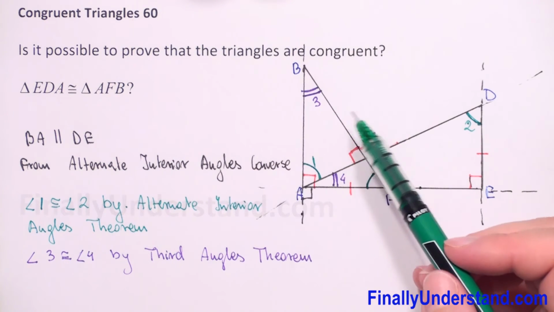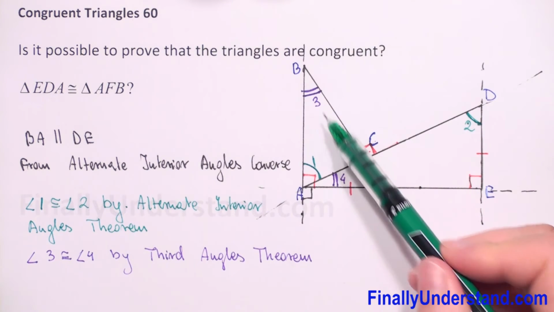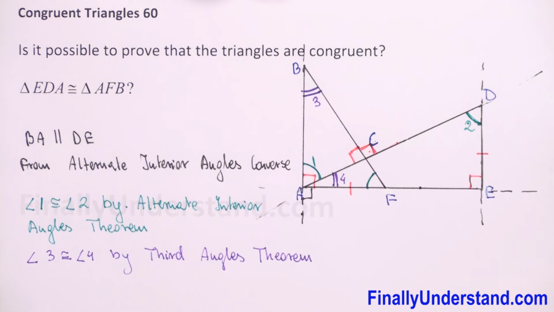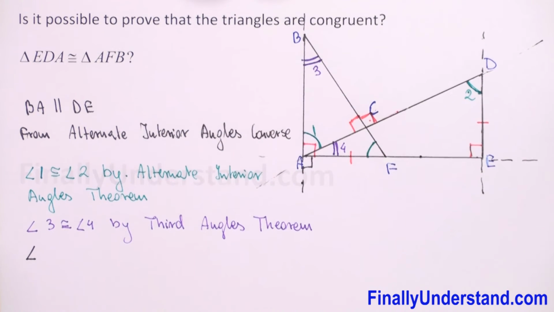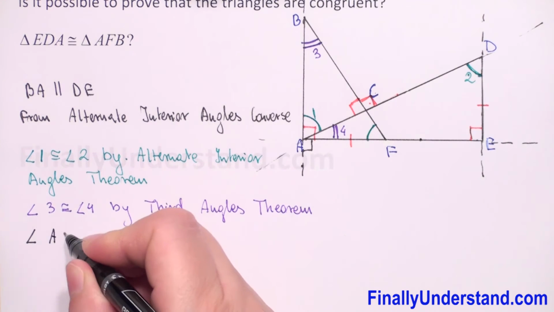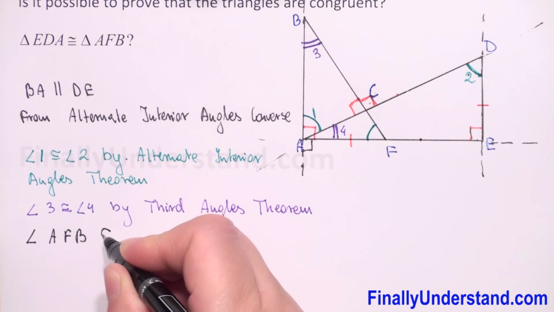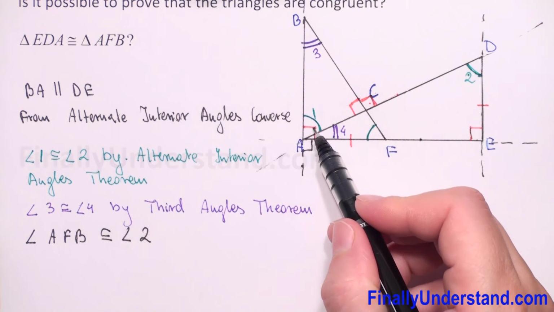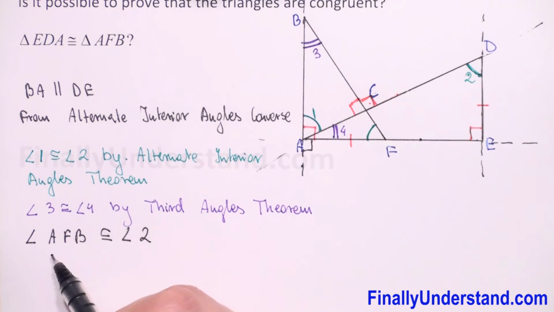In triangle AFB we have the same angle 3 and angle A. So we can write that angle AFB is congruent to angle 2, and we know that angle 2 is congruent to angle 1 too, but it's enough that angle AFB is congruent to angle 2.